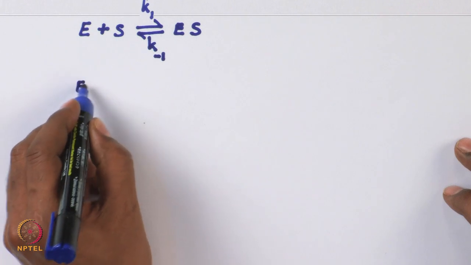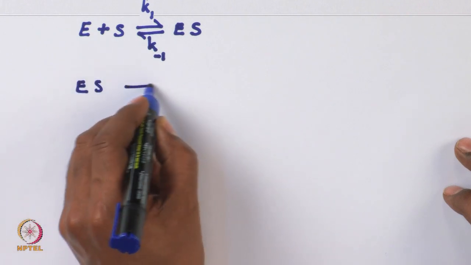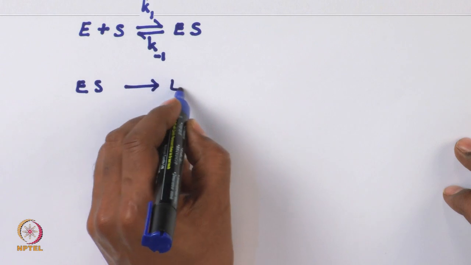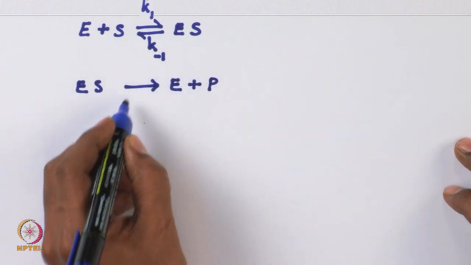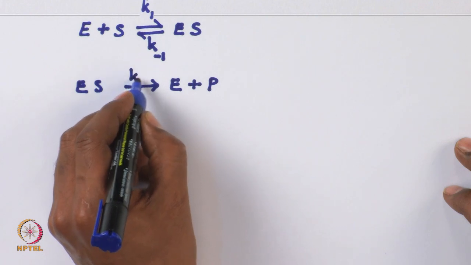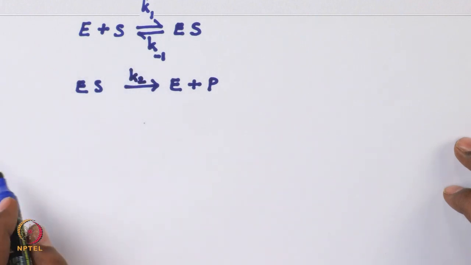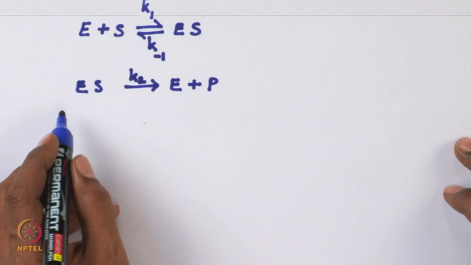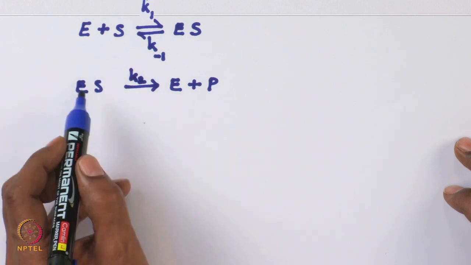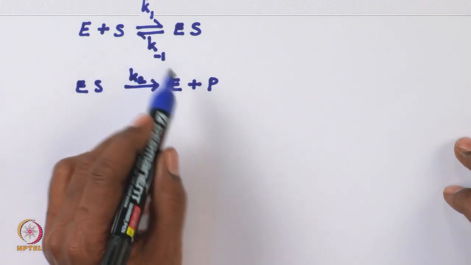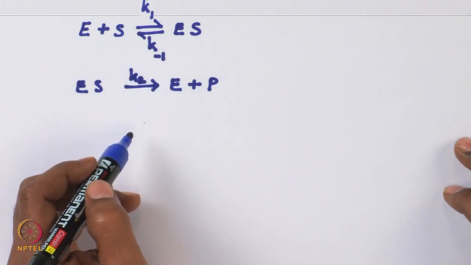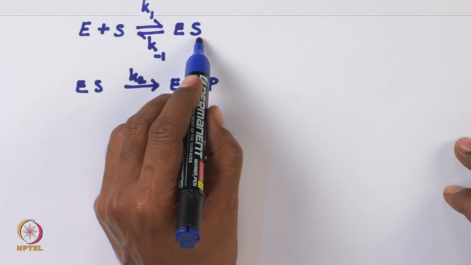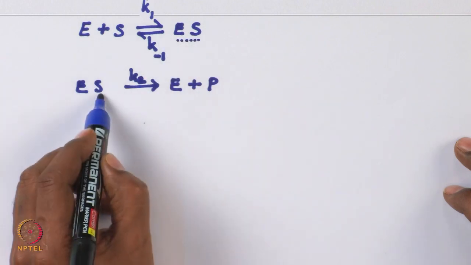Then this enzyme substrate complex will dissociate into enzyme plus product, and the associated rate constant is K2. Now, if we look at the intermediate in this overall reaction, the intermediate is this enzyme substrate complex.